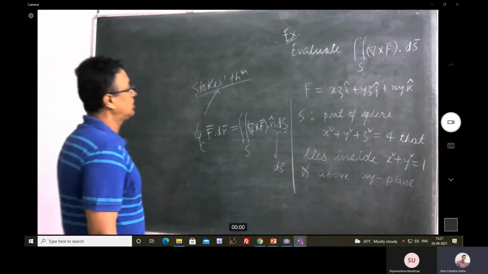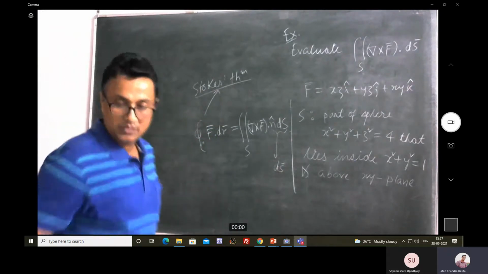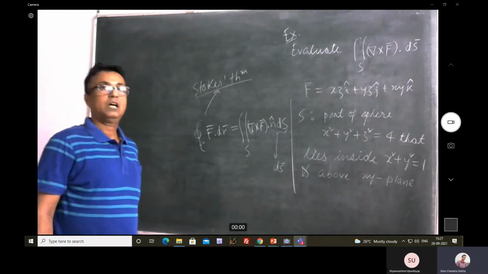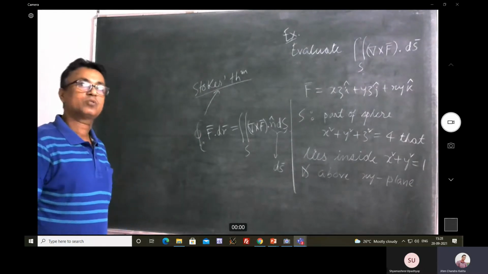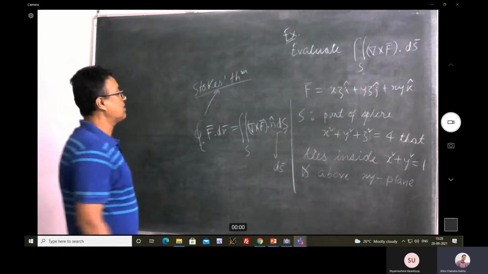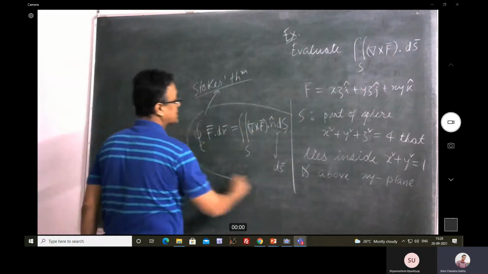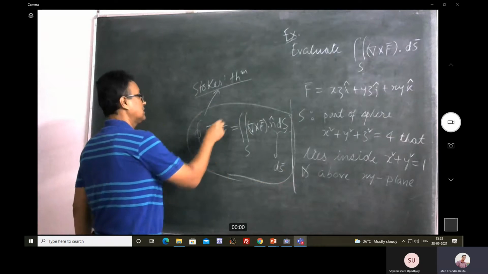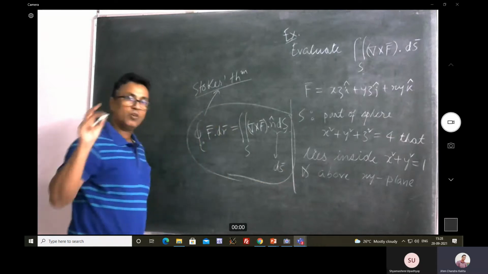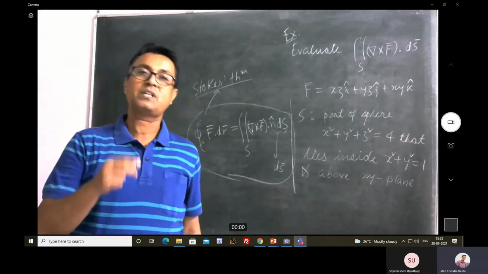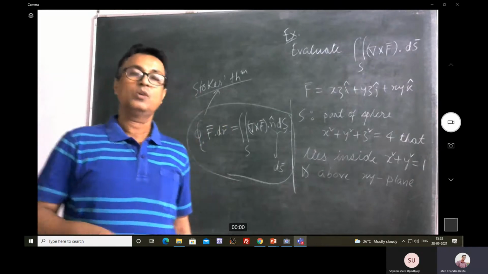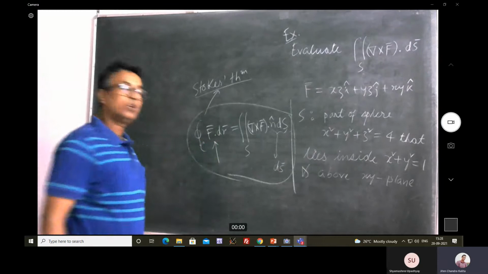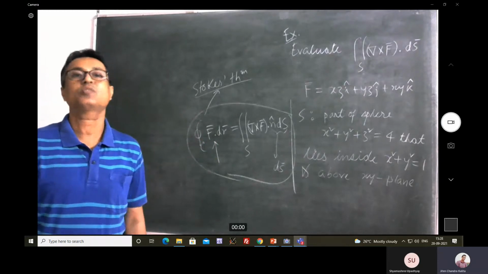Now, whenever you are given a problem where you have to make use of Stokes theorem, the thing you have to look at is whether, from the input being provided to you, the left hand side is going to be simpler or the right hand side is going to be simpler.